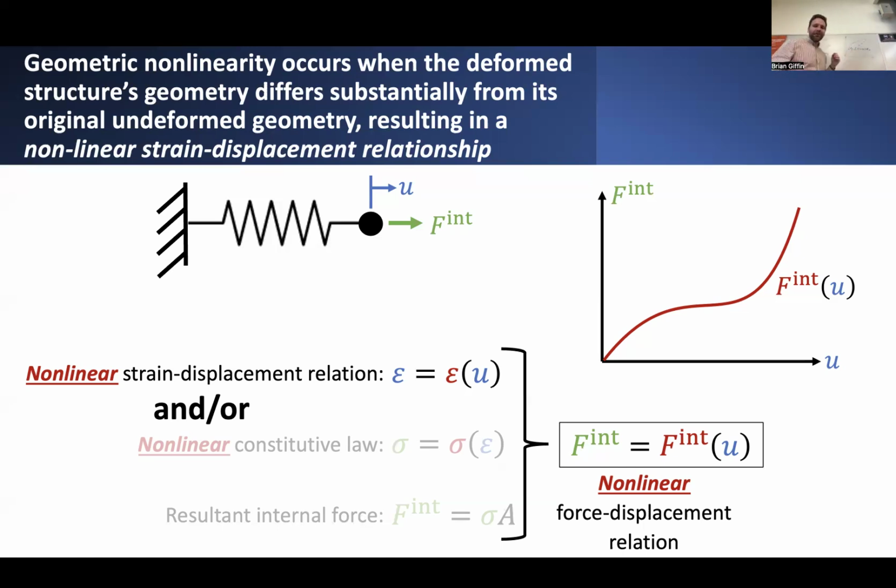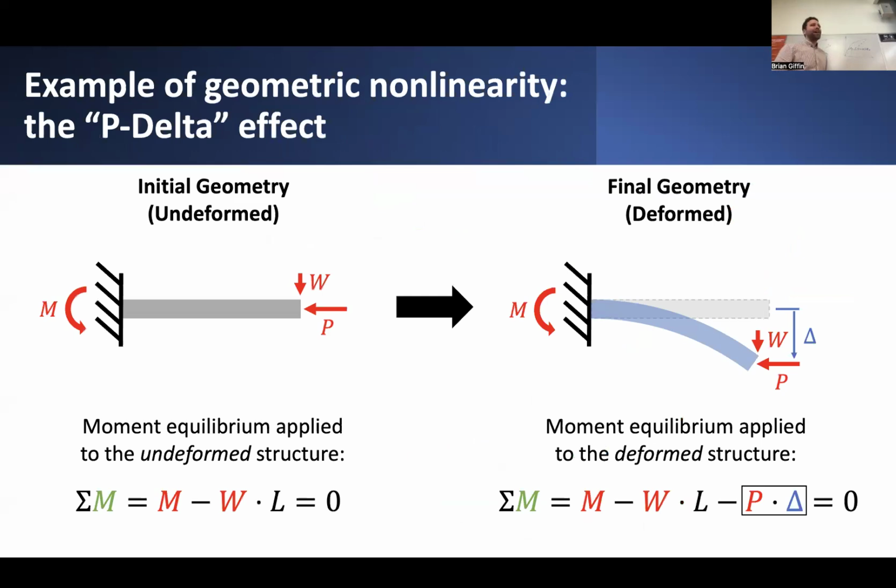So a good example of this in practice is kind of an analog to exactly that statement. Consider not a spring, but a beam, or if you like, some kind of beam column. So I have some beam shown on the left with its initial undeformed geometry and with some applied loads at the end of it.